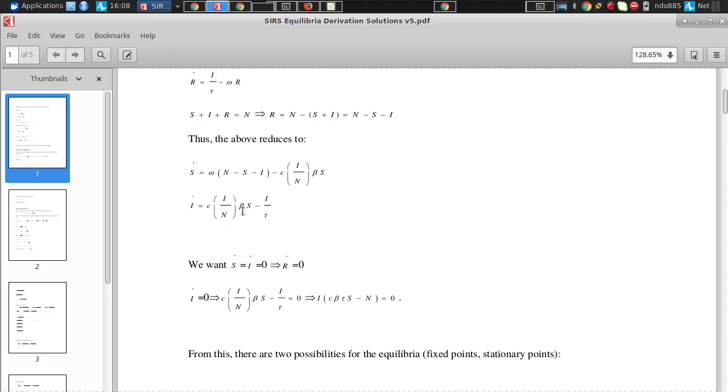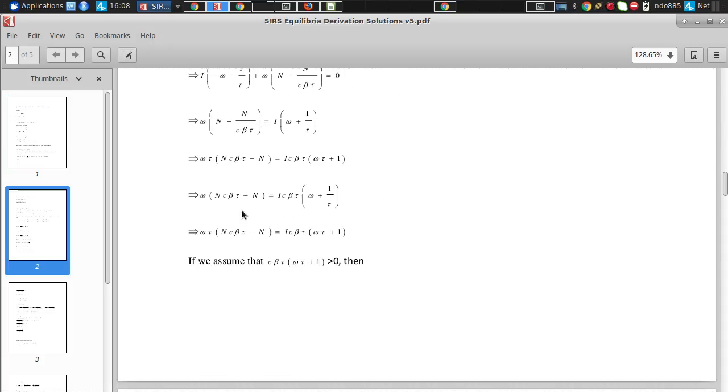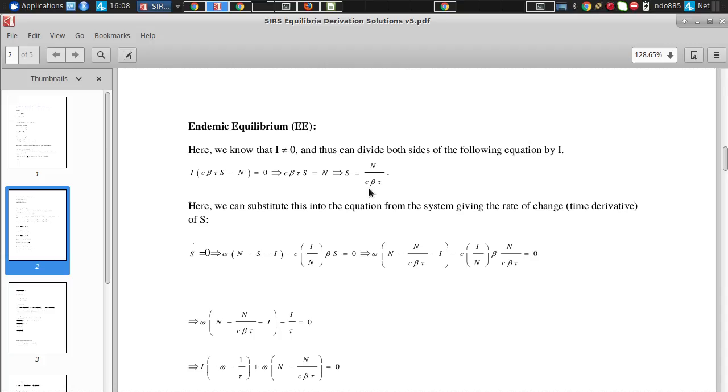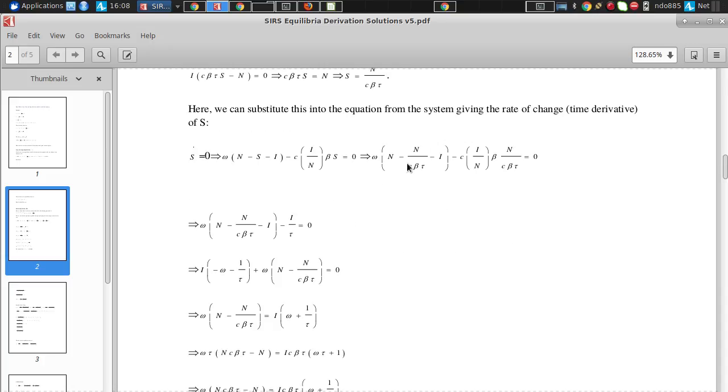And that's all laid out here for this particular model. So there we go. We know I is not equal to 0, so here's S, and then here we could substitute in. So S dot equals 0 implies this thing equal to 0, which implies this.